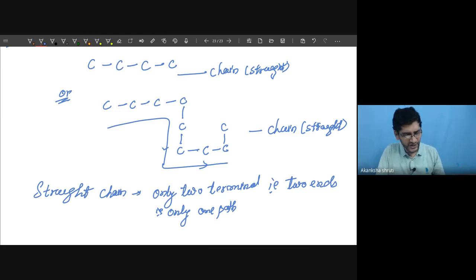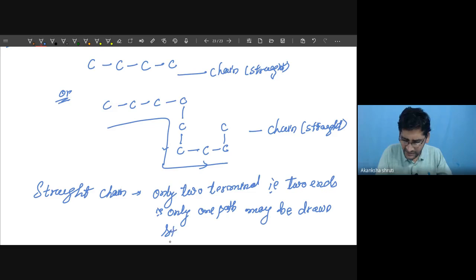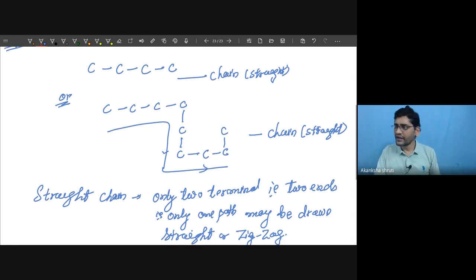Now whether this is drawn straight, or the curved one may be drawn straight, or zigzag, it should have only two terminals.